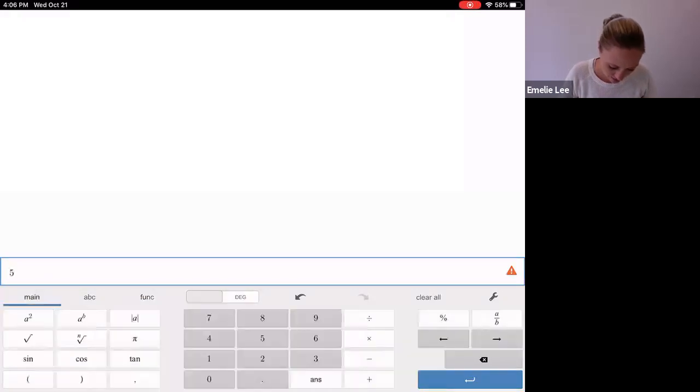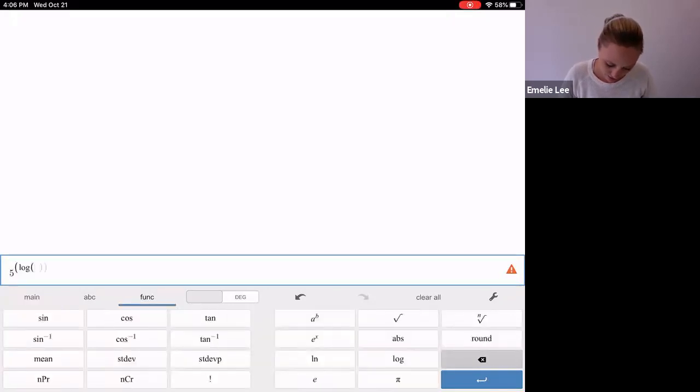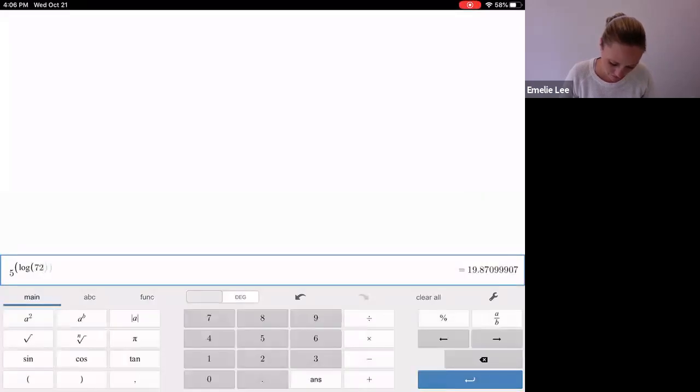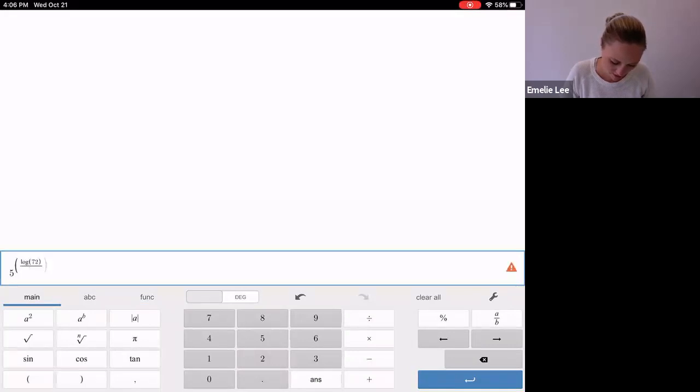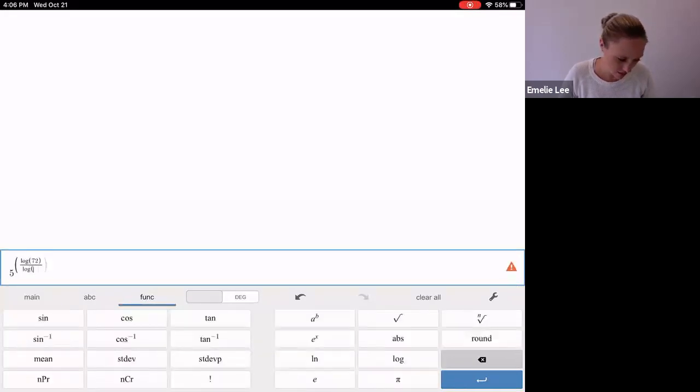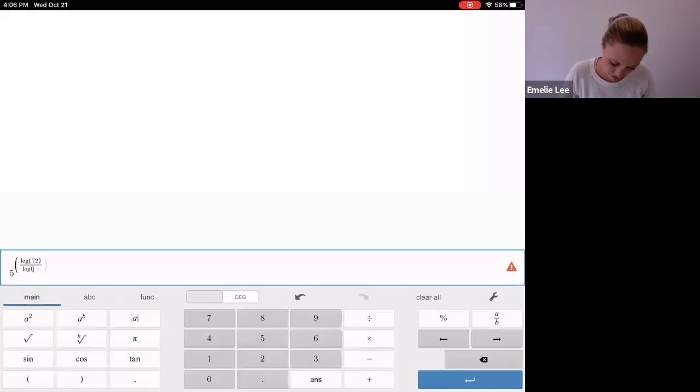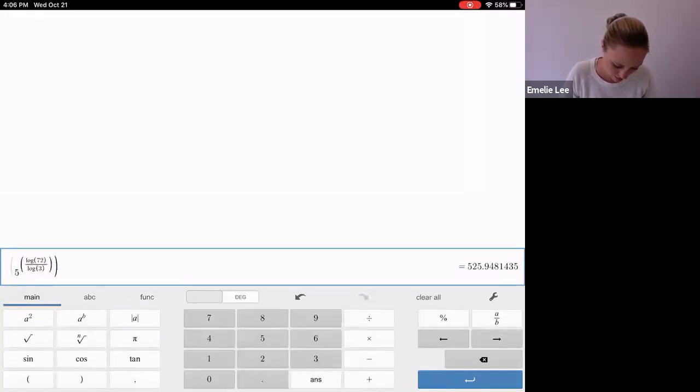So I'm going to need brackets, the log of 72, end bracket, divided by the log of 3, my base was 3, and then step it out.